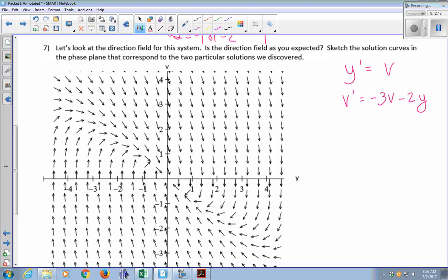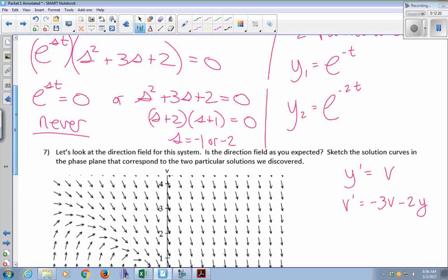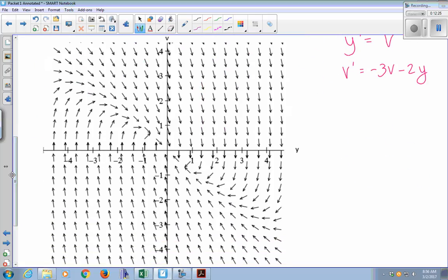All right, so I'm going to sketch some solution curves that correspond to these two particular solutions we just found. So let's think about the one for e to the negative t. There's some curve in this picture that corresponds to that y1, e to the negative t. Okay. So this picture has y position and v velocity.